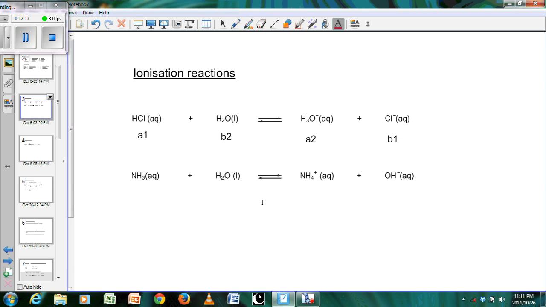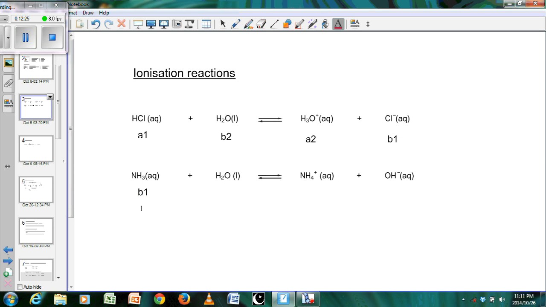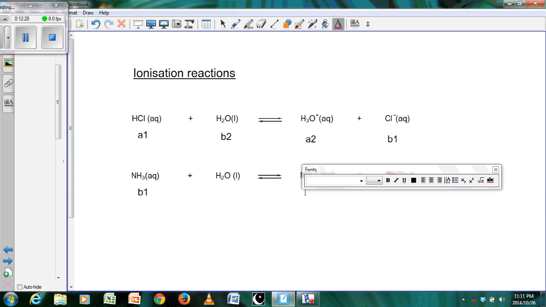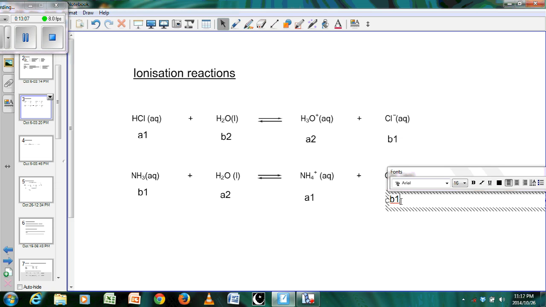Similarly, if you look at the next one, NH3 looks similar to NH4 plus, and we see that the NH3 will be your base 1 because it has less H than NH4 plus, and this will be your acid 1. And similarly, if you look at H2O and OH minus, the H2O will be your acid 2, and your OH minus will be your base 2.